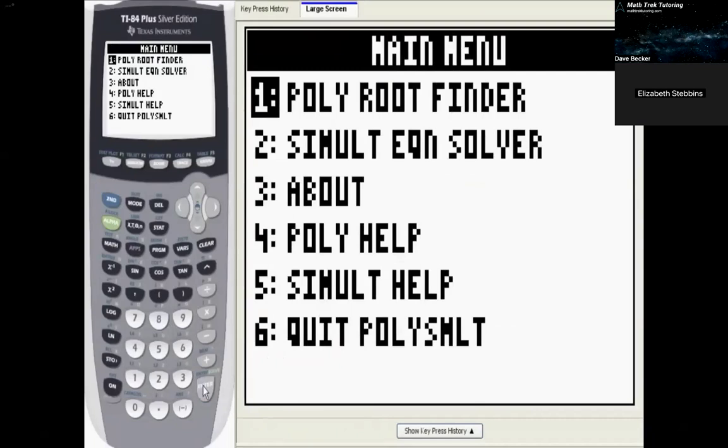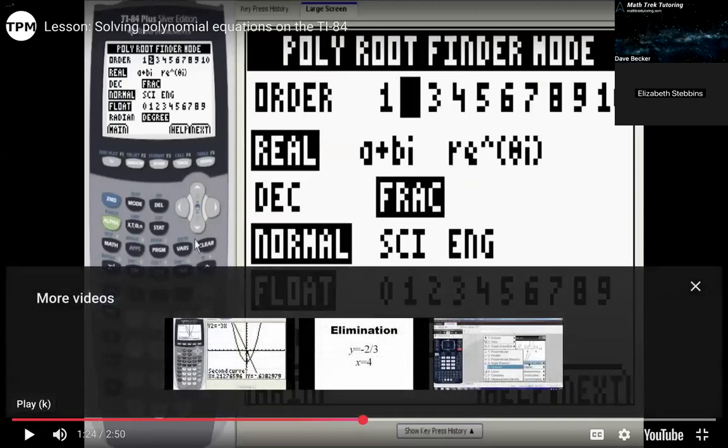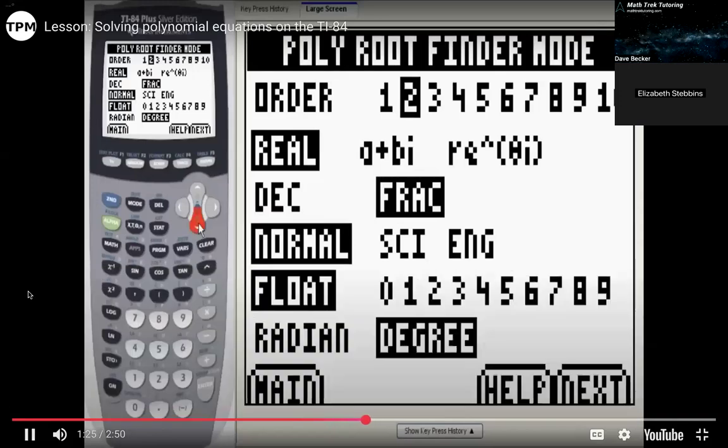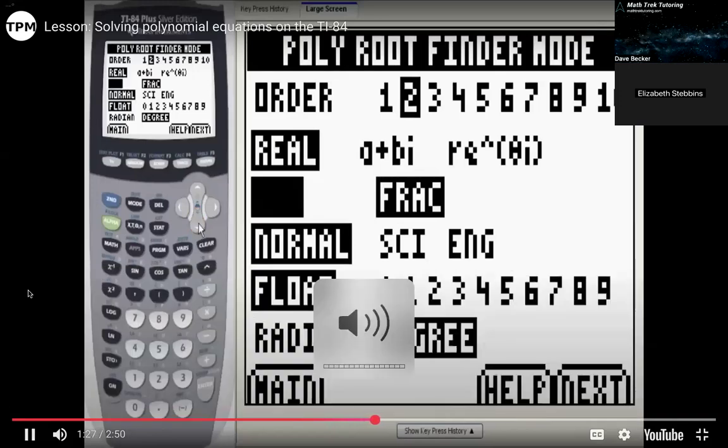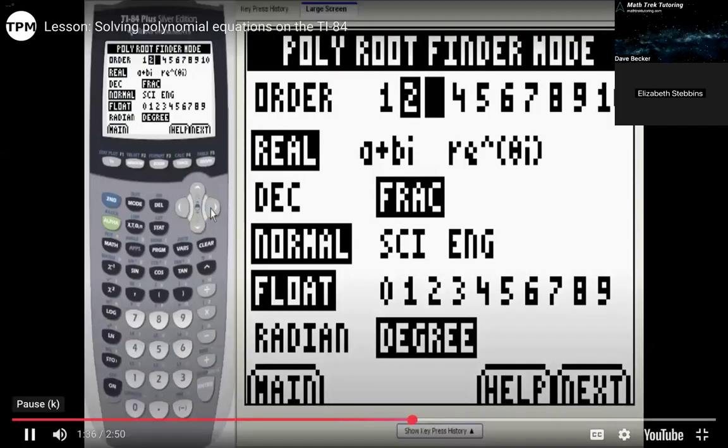Now we have a number of options. Order is the biggest exponent in your polynomial. So for quadratics, it's just going to be 2, and that's usually the default. But he's solving a cubic, so he's going to select 3. Choose whether you want to include complex numbers as possible solutions. You can also choose to have the solutions displayed as fractions or decimals, and if you choose decimals, how they appear. The default options are fine.